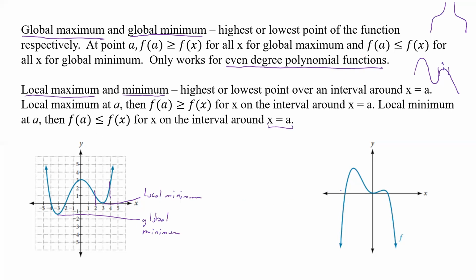Now, if we look at this one, it looks like we have higher points instead of lower points. And so this one is going to be our global maximum. And now around the interval here to maybe here, this is going to be our local maximum.